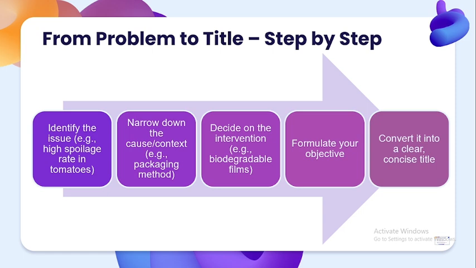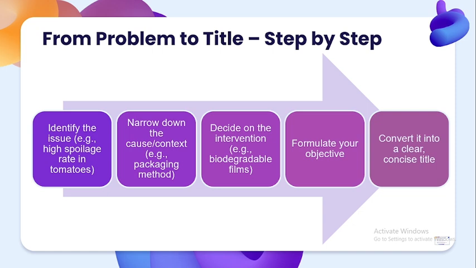Is it just that you are packaging it in tin, or airtight containers, or are you going even further towards advanced technologies like active packaging or biodegradable films or anything else? So that's again an important point in specifying your title.